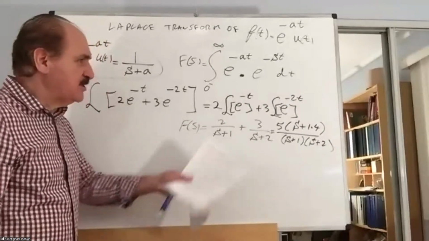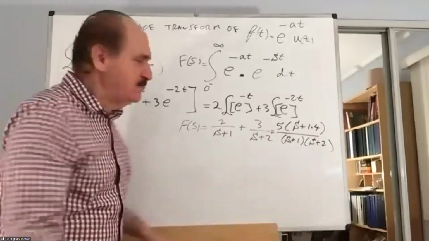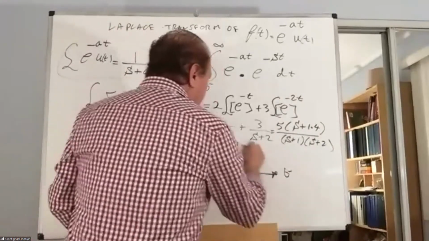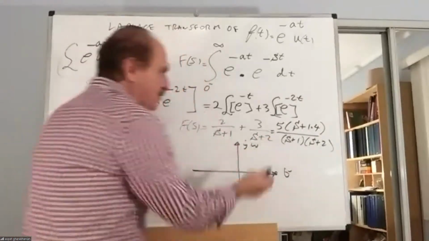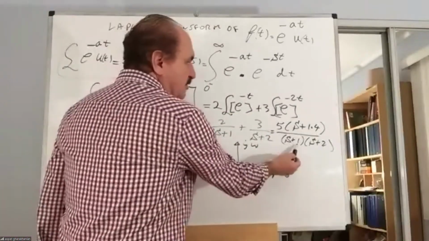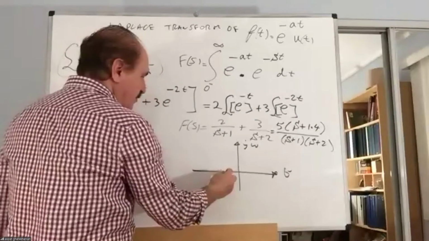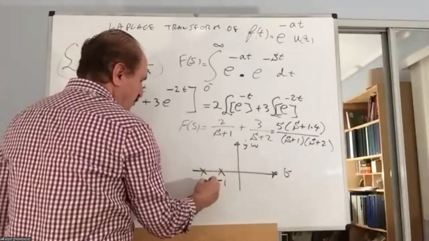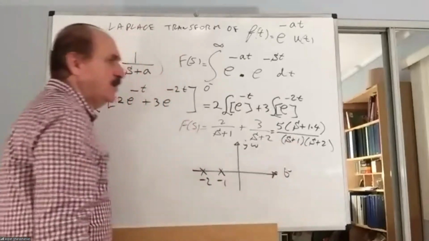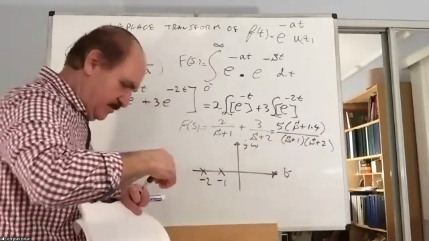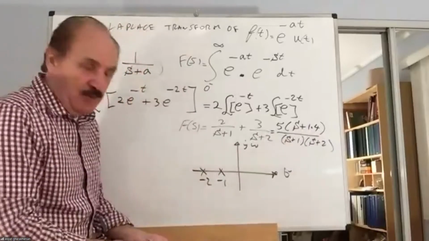Tell us what is the pole-zero diagram of that function very quickly. Sigma and j omega. Pole-zero diagram of F of s. Look for poles. There's a pole at -1 and at -2. The numerator gives a zero at -1.4.